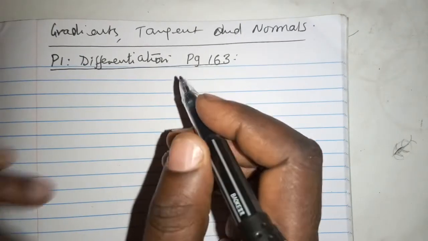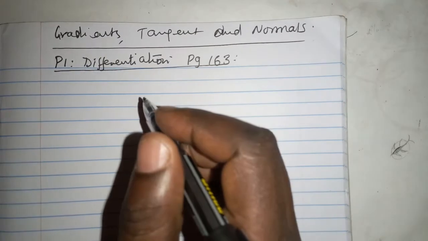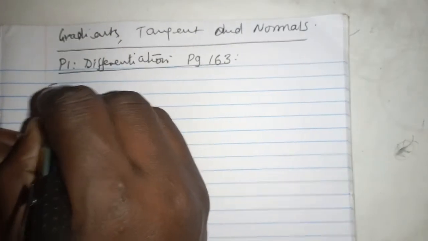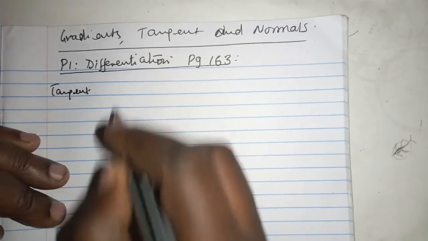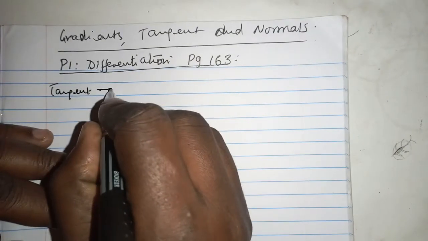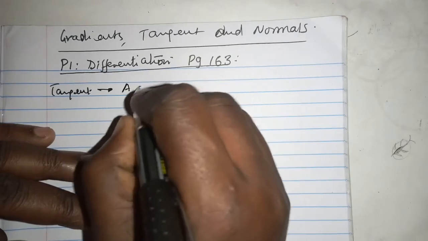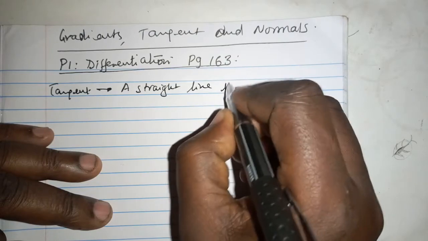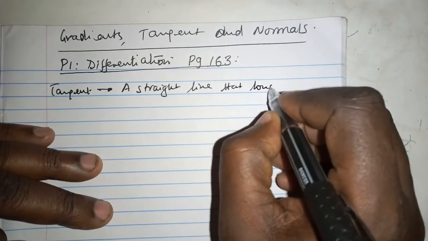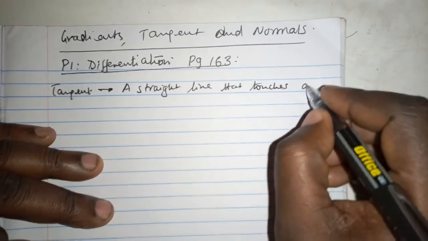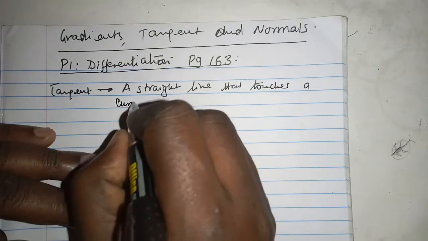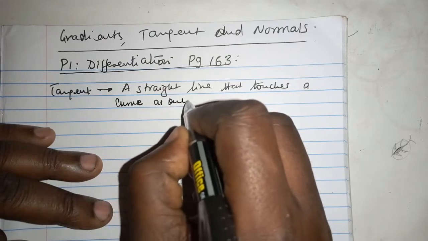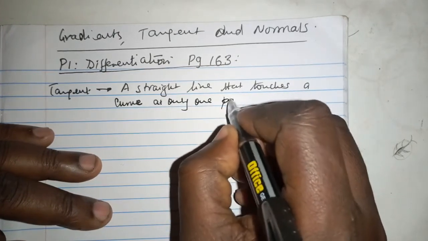First of all, what is a tangent? We know what the gradient is. What is a tangent? A tangent is a straight line that touches a curve at only one point.